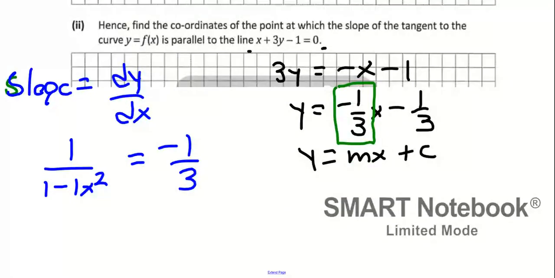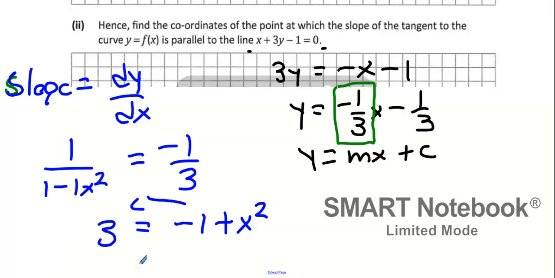Cross multiply and solve. 3 equals minus 1 plus x squared. 4 equals x squared. It says points, not point. Interesting. I'm claiming it's plus or minus 2.